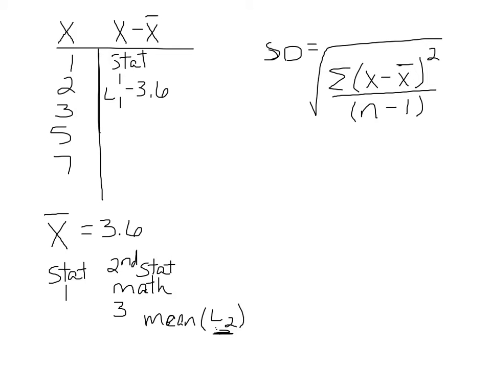List 1, so second 1 minus 3.6, hit enter, and it should fill in the whole column with the appropriate numbers.